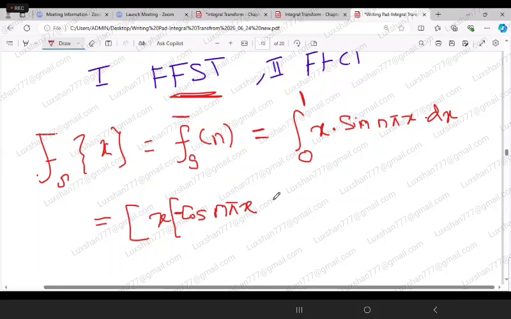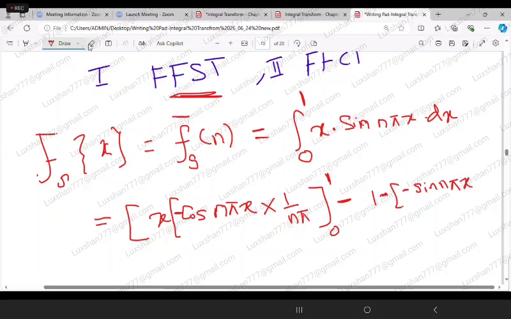Minus the integration of the differentiation of this one, that is 1, into the integration of this one, which is actually sine n pi x. Therefore, but already we have minus.